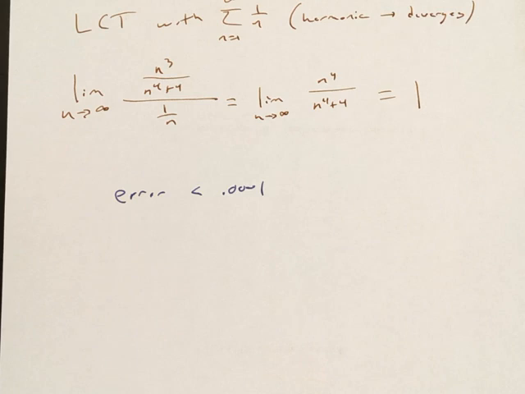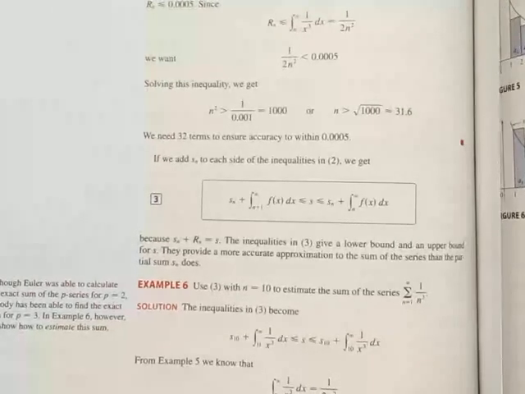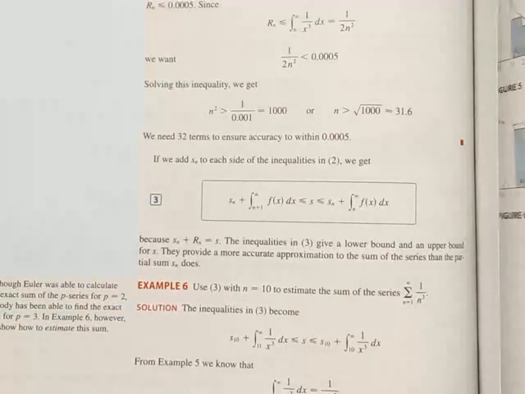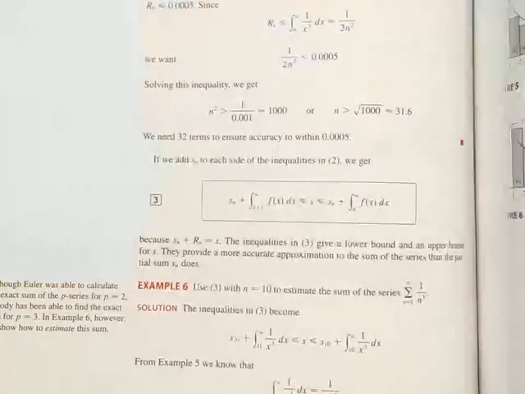Okay, so the first thing it says is to give S10, which means you need to add up the first 10 terms. And then it says to find an improved estimate of the sum. Beg your pardon? What do you mean an improved estimate of the sum? Well, box number 3 says that you can use the remainder.